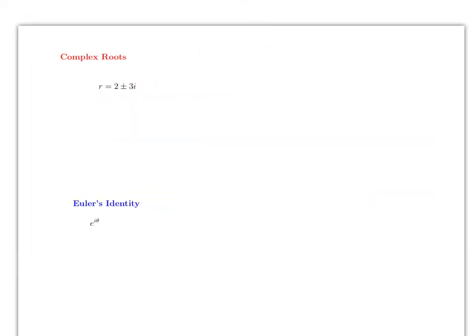Okay, so now let's look at case 2, where the solutions to the characteristic equation are complex numbers. Let's say that this is the solution to some characteristic equation.